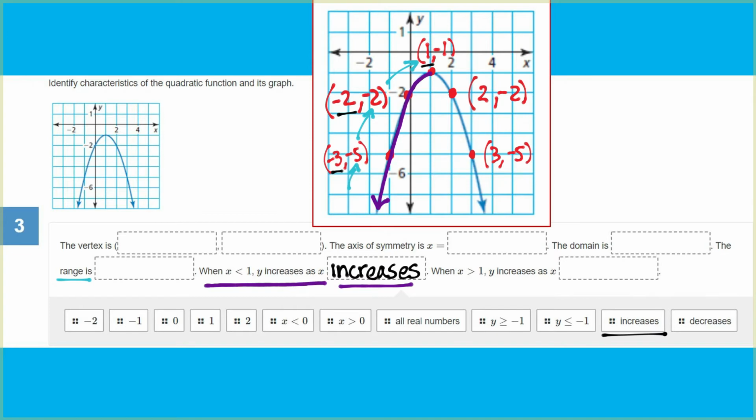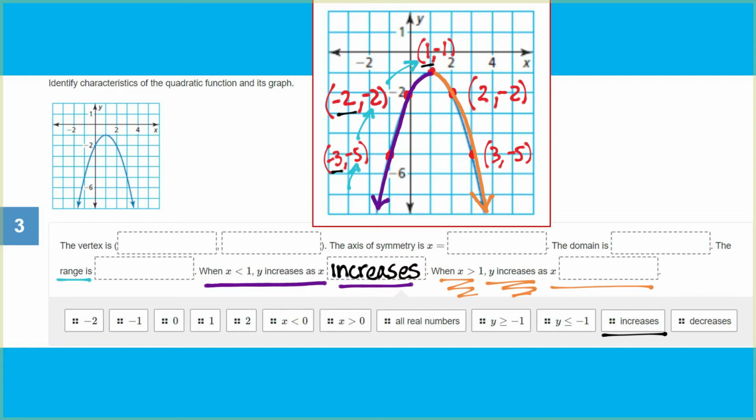And finally, when x is greater than 1, that's the part of the graph that I'm highlighting in orange. X is greater than 1 right here. And they want to know when x is greater than 1, y increases as x does something. Y increases.